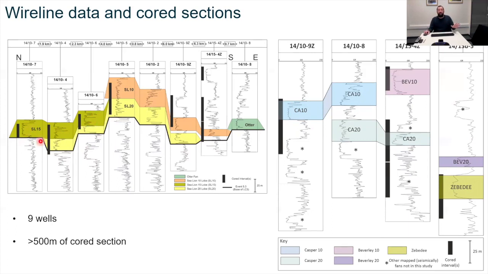So that's for the sea line fan. The right image shows the available core for the ones I'm going to show you today. So we've got the Casper fan, we've got core from 2 different lobes in the Casper fan, so CA10, 20 are 2 different lobes. We've got core from one part here and another part in here. We've got core from the Zebedee fan and core through the Beverly fan.